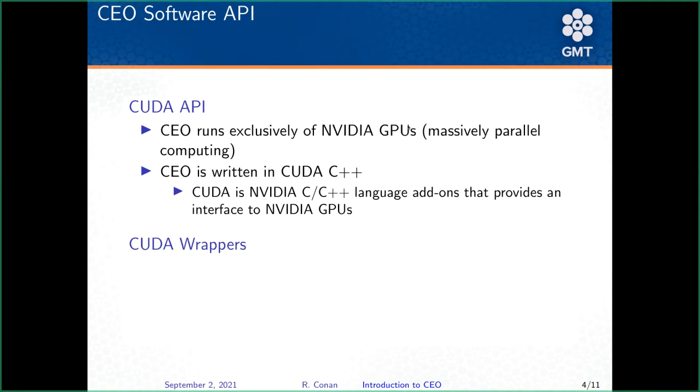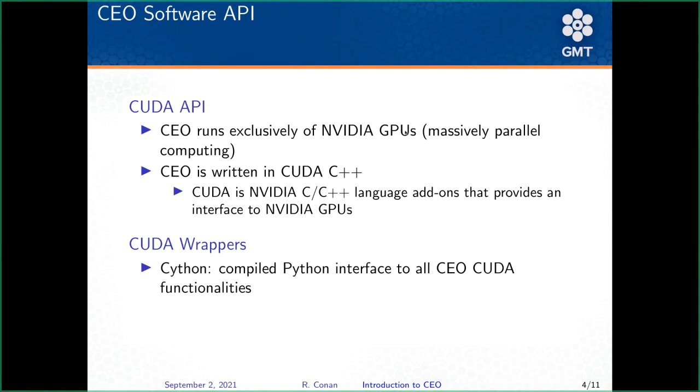So CEO comes with some wrappers. The first one is a Cython wrapper. Cython is a compiled Python interface, and it provides exactly the same functionality that you have in CUDA. There may be a few exceptions, but it's almost complete, I would say. And it's what everybody is using.